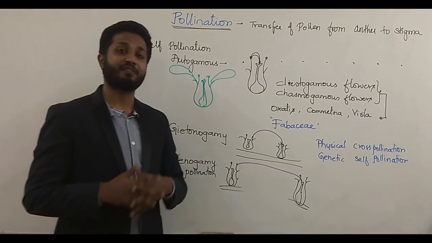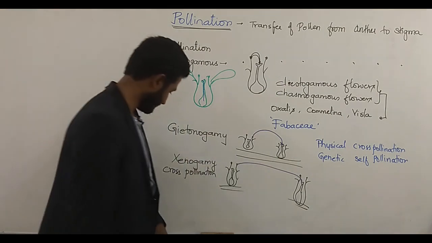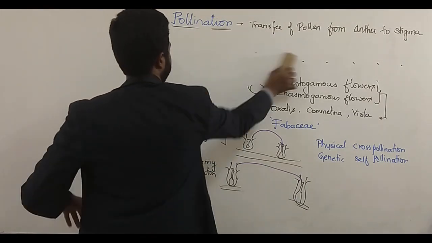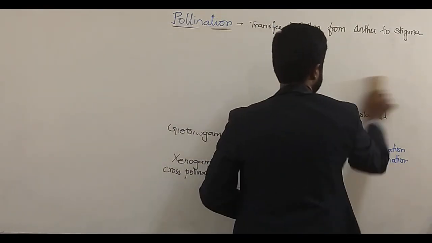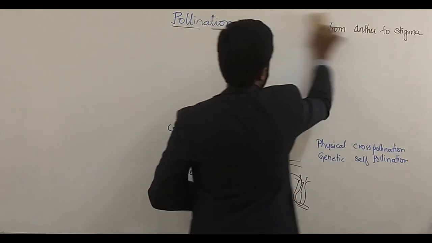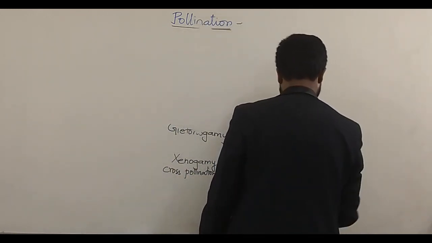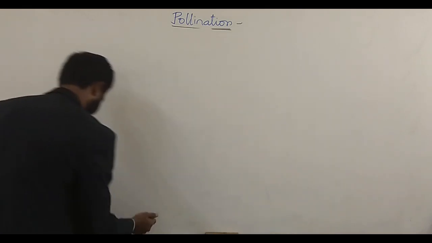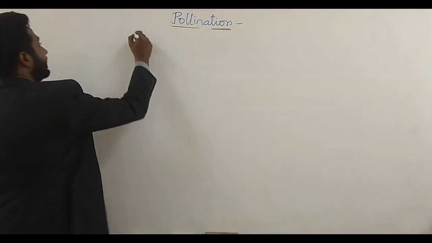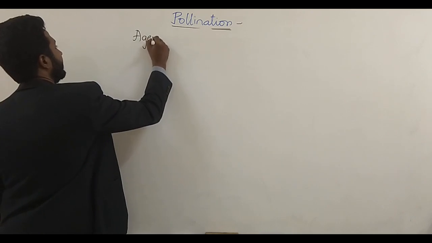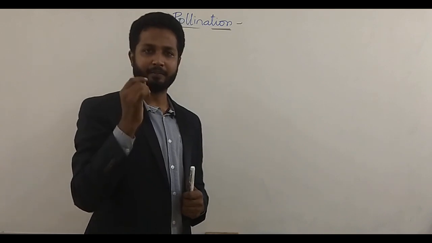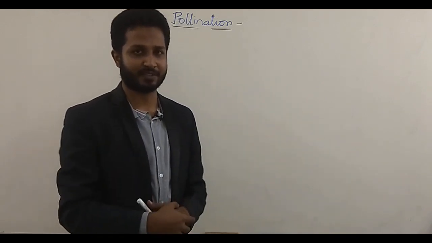Now we talk about different agents involved in pollination. Now, an agent is the one which is going to unite the male and female reproductive systems.